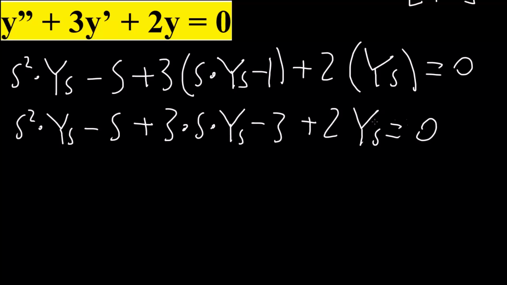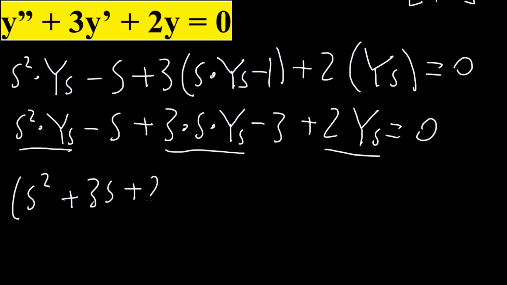And we're going to want to group all the Y(s) terms: s squared times Y(s), 3 times s times Y(s), and 2 times Y(s). And so we can say instead it would be s squared plus 3s plus 2 times Y(s) is equal to, so we have minus s and minus 3 that are not attached. So we can just say s plus 3.